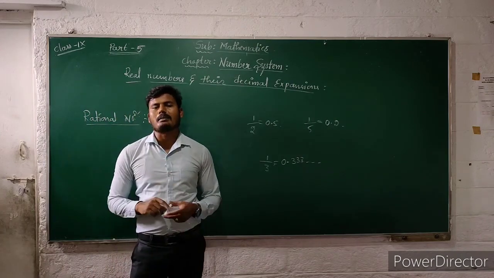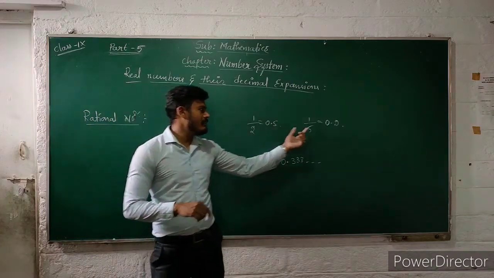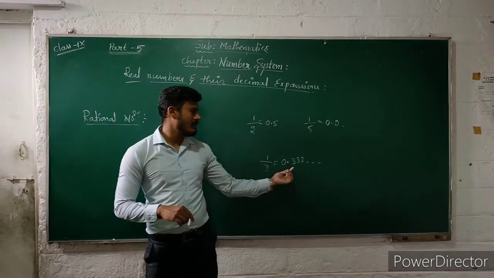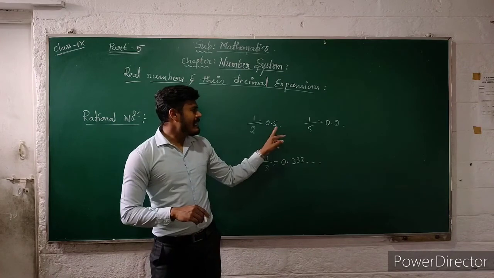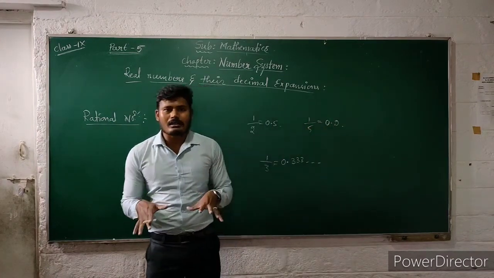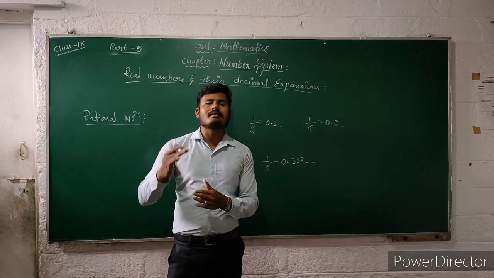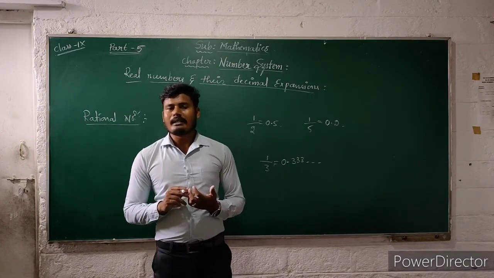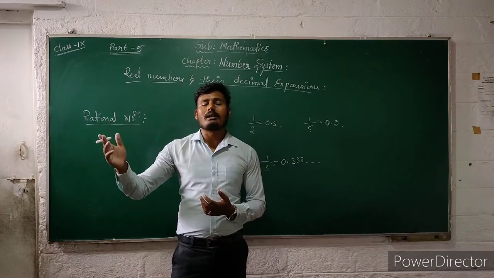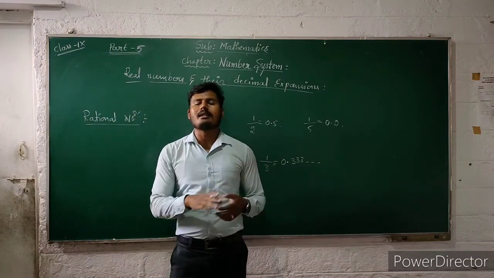One is this kind and another one is this one. These decimal expansions occur when we divide one value by another value.